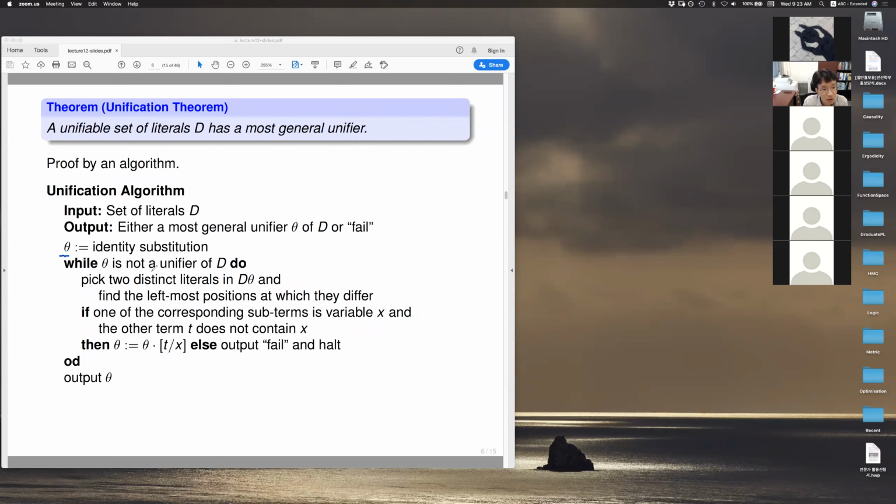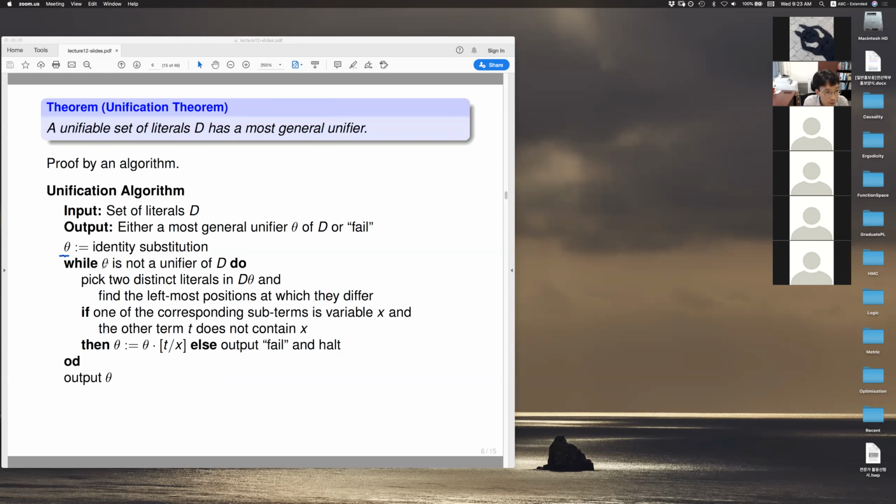Initially it doesn't do anything, so it's just an identity substitution, but it will make theta more and more specific while the algorithm runs. And if this loop terminates, it will output theta. So that's the case where D is unifiable and theta is a most general unifier. But sometimes this loop can fail, then it will return the failure.